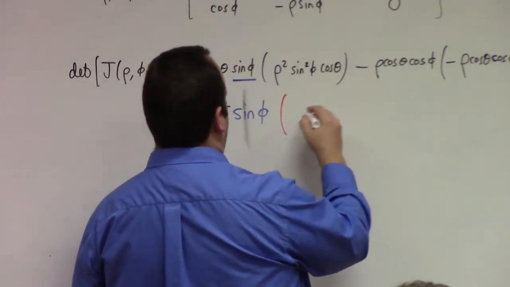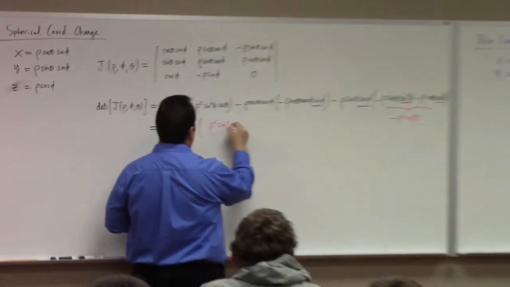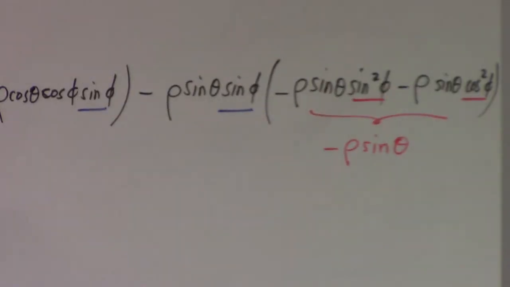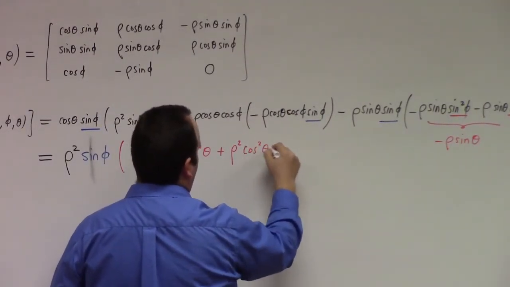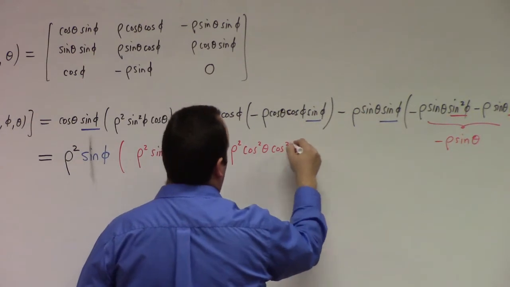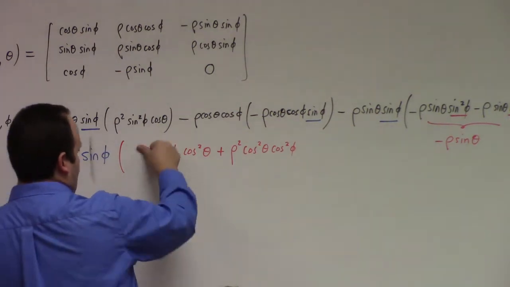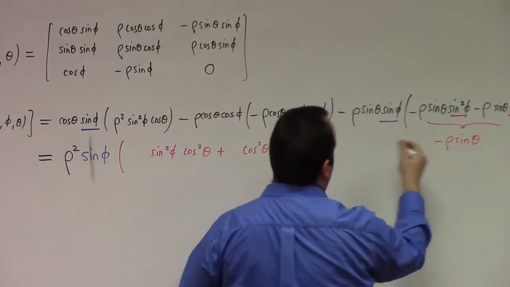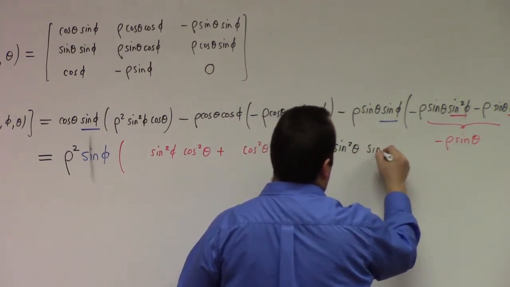So let me just collect our thoughts here. We've got ourselves a rho squared sine squared phi cosine squared theta. I brought the cosine theta over to here. And then plus rho squared cosine squared theta cosine squared phi. Oh, sorry, I already fixed it. And then we're to this term, which apparently is just plus rho sine squared theta sine phi.